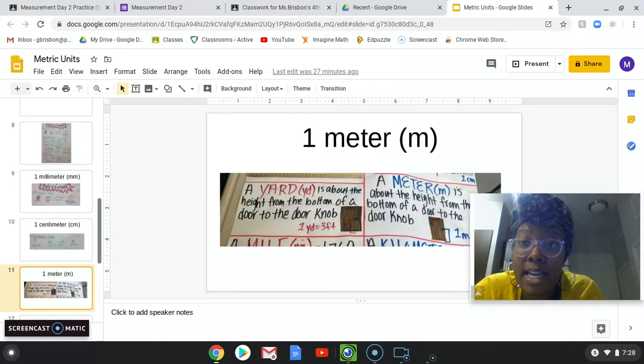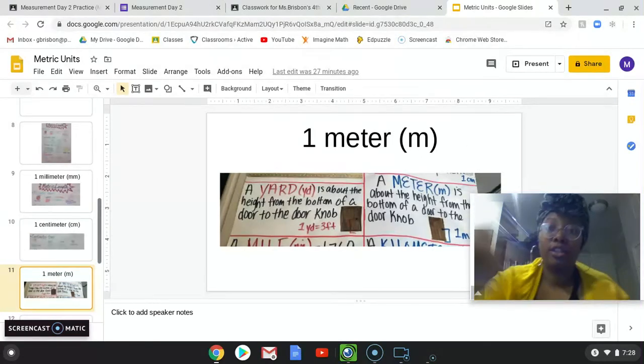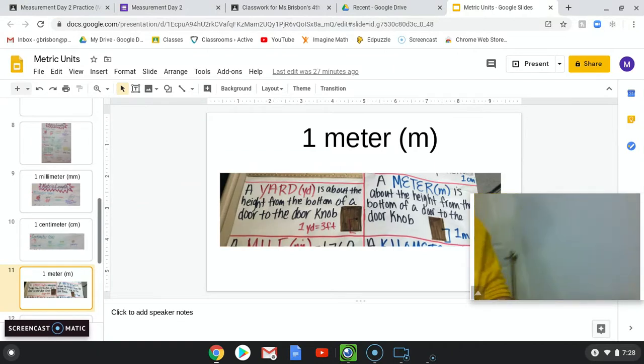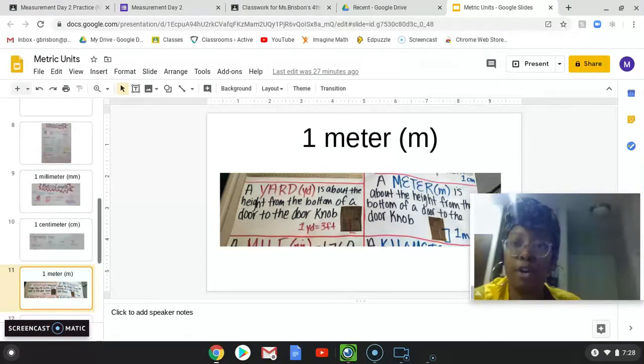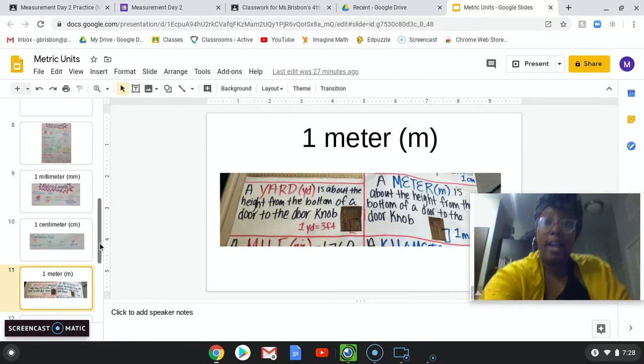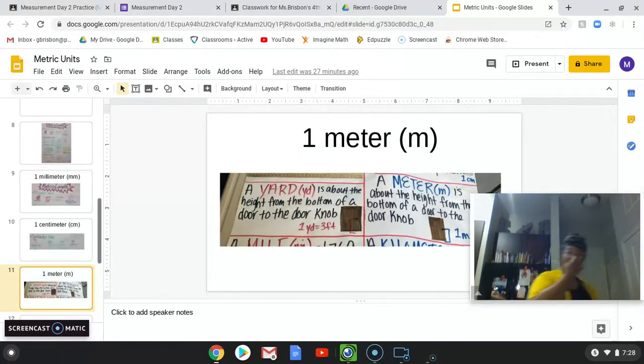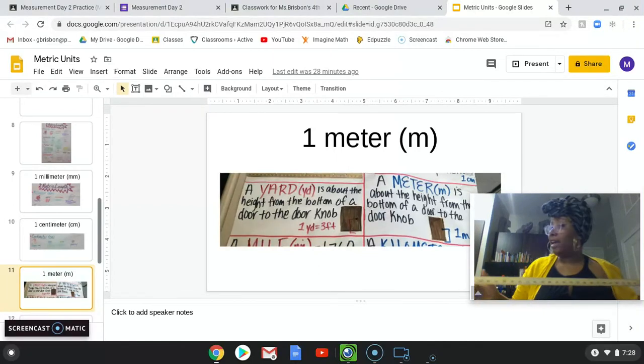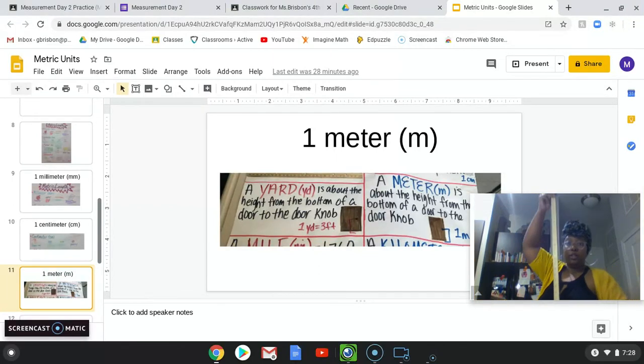After that is a meter. Just like yesterday when we looked at the floor to the doorknob, that is the same reference we're going to use for a meter for today, okay? A meter stick and a yardstick are similar in length, not exactly, but this is what we're using, okay?